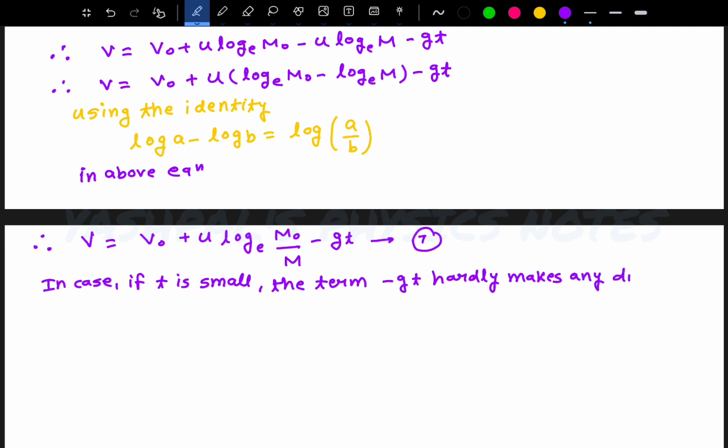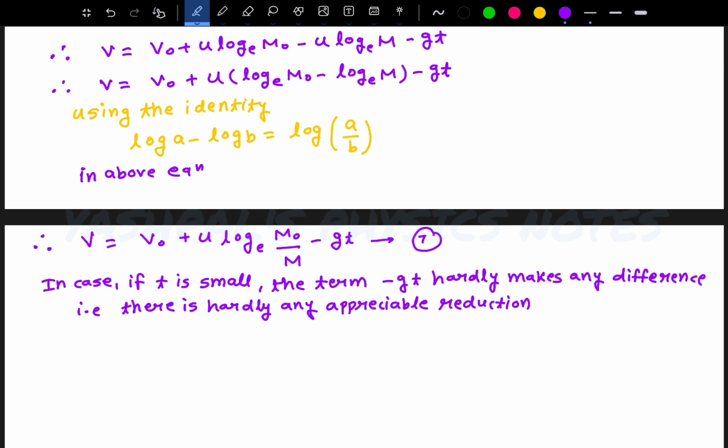Which means this is the condition where the rocket has just taken off from the ground to go into space. That is, there is hardly any appreciable reduction in the value of V.